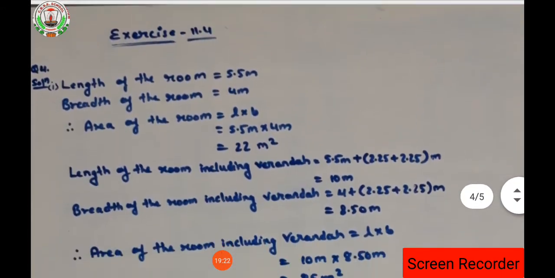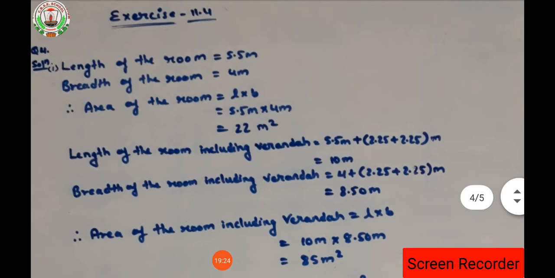Now look at the fourth question. What is said in the fourth question? It is said that a veranda, everybody knows, in everybody's house we have a veranda. So a veranda of width 2.25 meter is constructed all along outside a room which is 5.5 meter long and 4 meter wide.